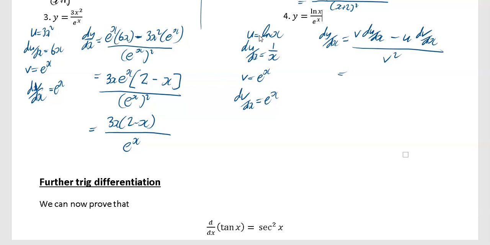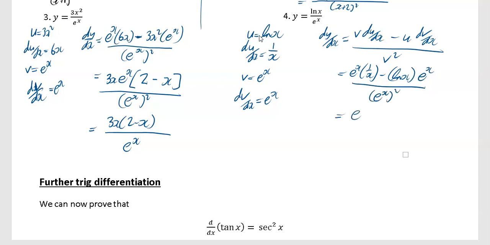So v first of all is e to the x, your du by dx was 1 over x, minus your u, which was ln of x, I'll put that in a bracket, and my dv by dx was also e to the x, all divided by my v squared, which is e to the x all squared.